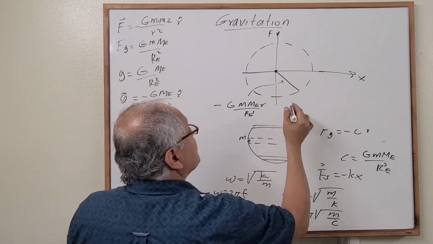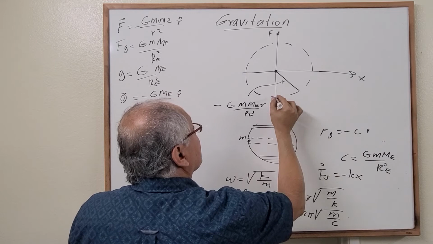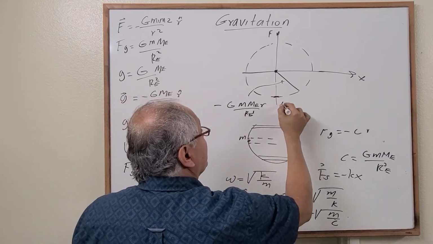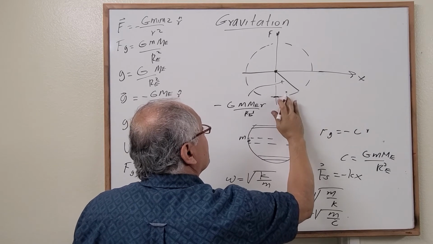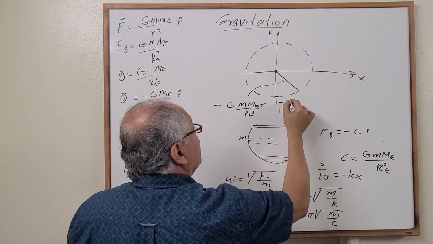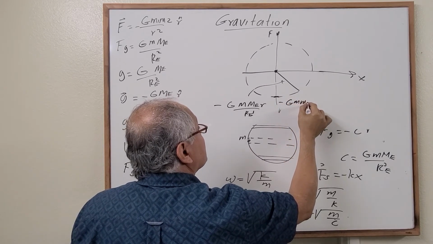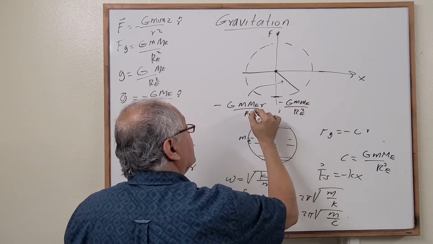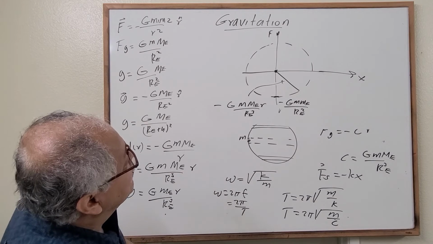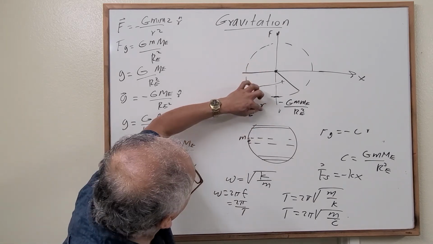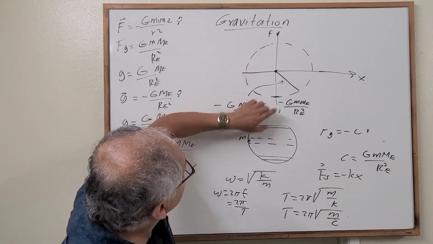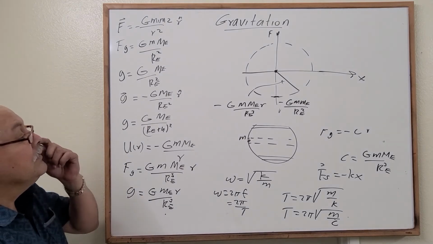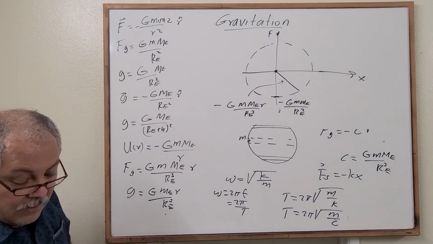Right here on the surface, the force is equal to negative G m mass of the Earth divided by radius of the Earth squared, because at this distance r becomes the radius of the Earth, and we have that quantity.